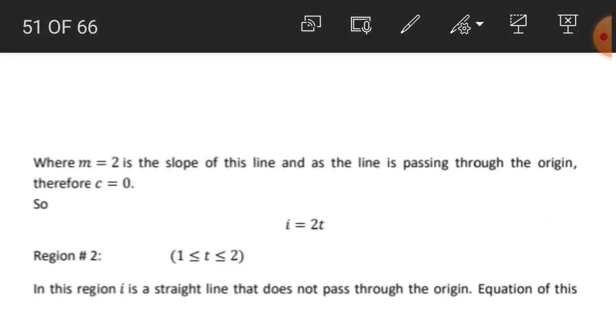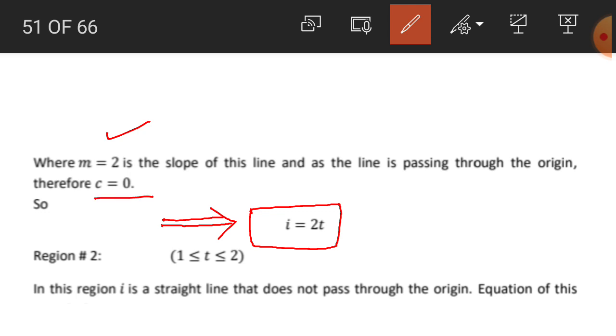So we have calculated the slope of the straight line in region number 1. The slope of the straight line in region number 1 is 2. The y-intercept is 0. So this is the instantaneous equation for the current in region number 1.